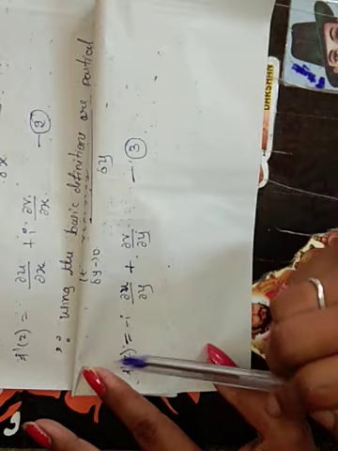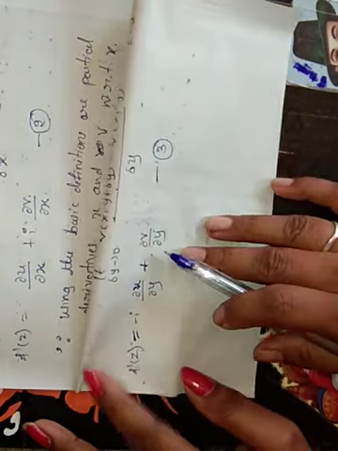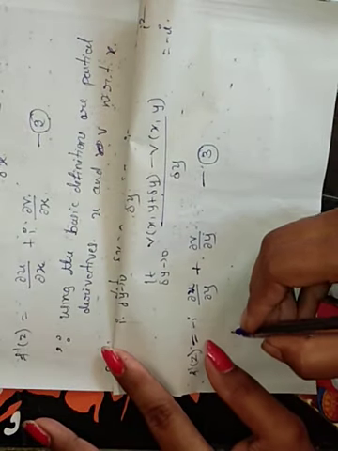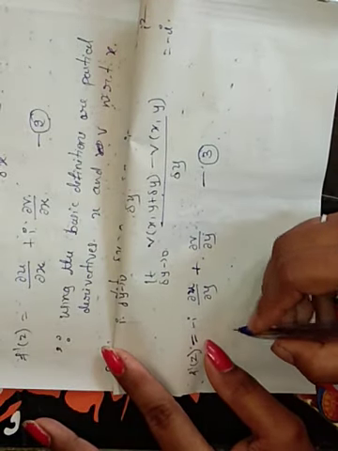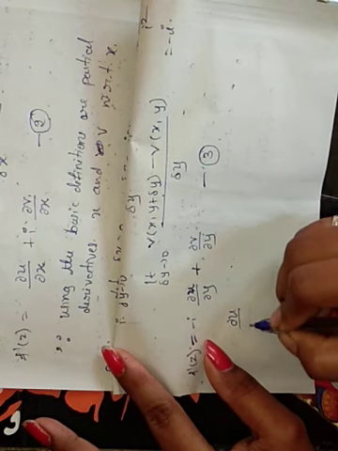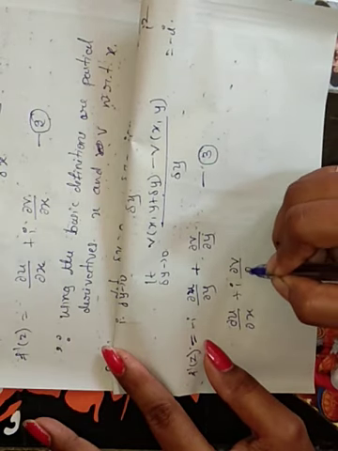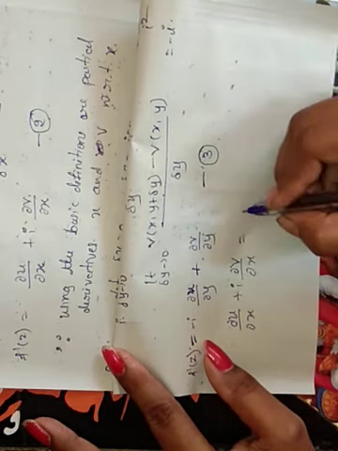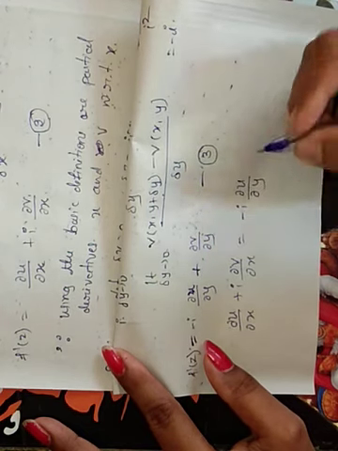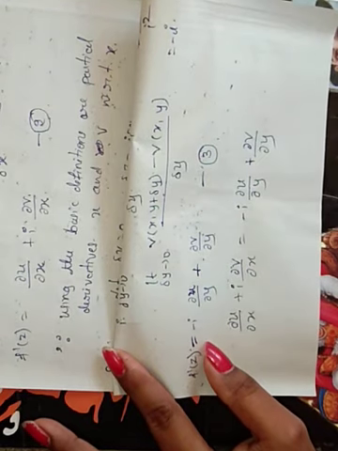Both are f dash of z, so equating equations 2 and 3, we can write dou u by dou x plus I into dou v by dou x equal to minus I into dou u by dou y plus dou v by dou y.